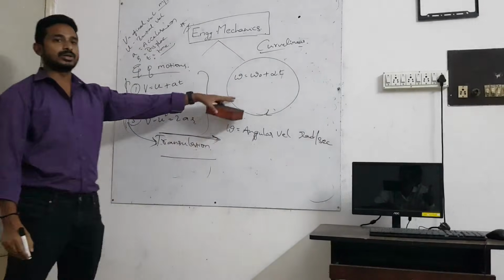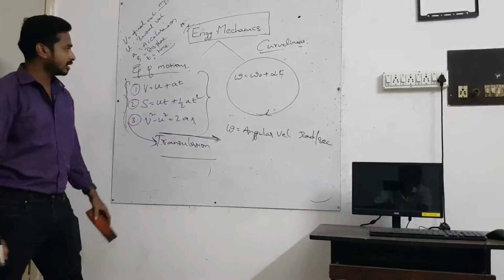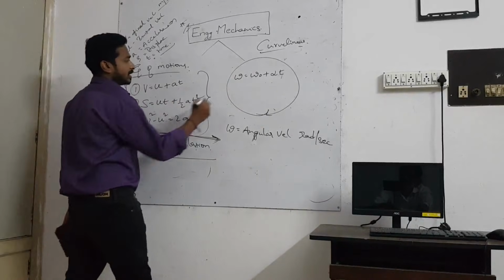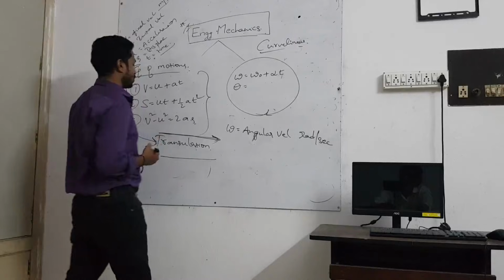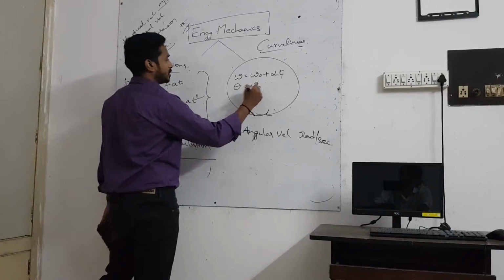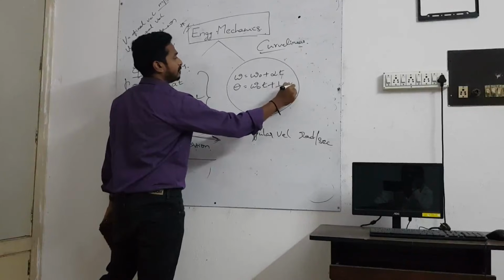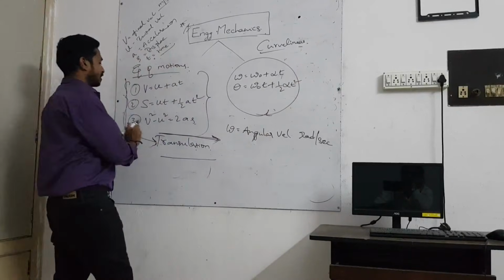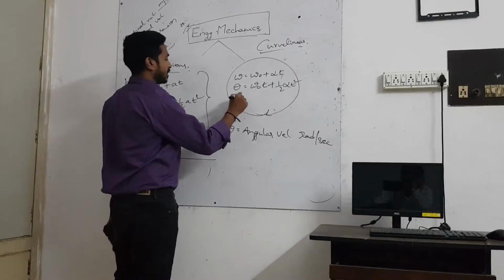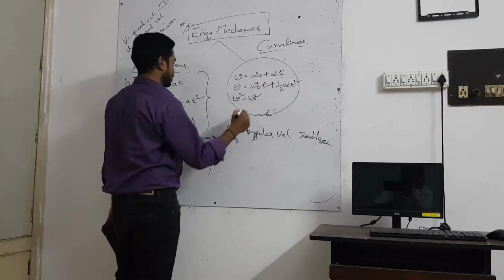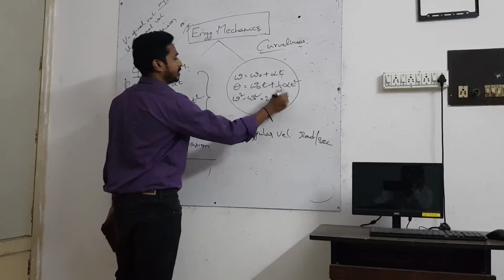Next, theta is equal to omega naught t plus half alpha t square. And the third one is omega square minus omega naught square is equal to 2 alpha theta.